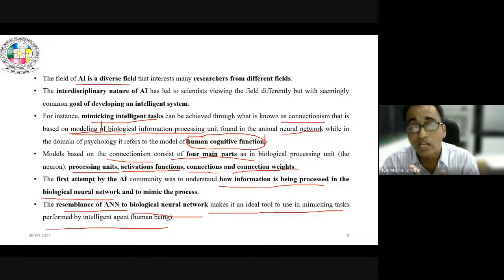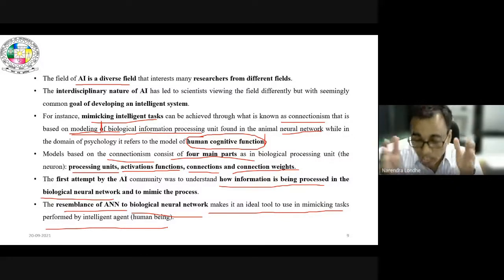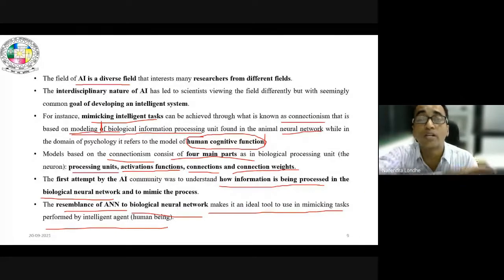The science behind handling the non-linearity of the data was not developed, and due to all those limitations, deep learning did not become popular at that time. But now it is becoming popular because all those limitations are overcome, right?